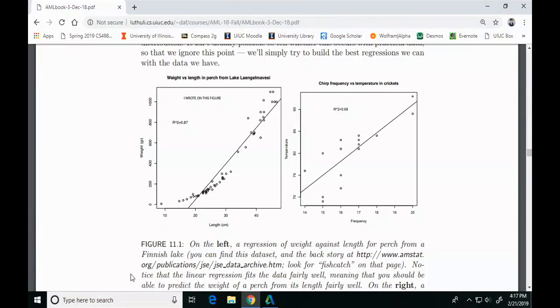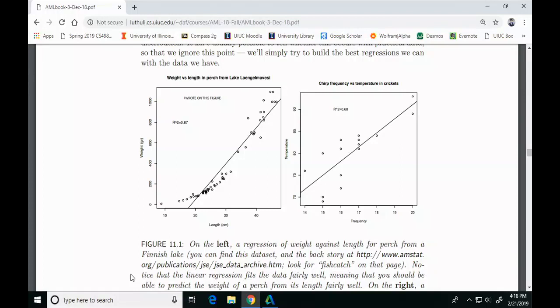They caught a bunch of fish, measured the length and the weight, and then tried to fit a line that, given the length, predicts the weight. First of all, obviously there's a problem with this. We're trying to use a line to predict what is obviously a curve.